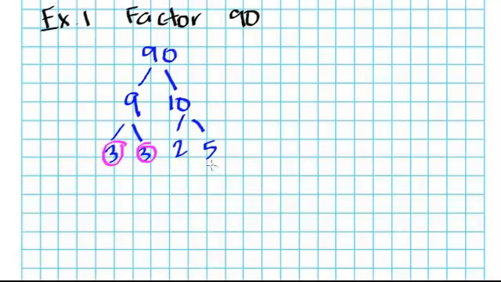Is there a number that will divide 5 other than itself? No, there isn't. So these numbers are also prime numbers, and we can't factor them anymore. So my factors of 90 are 2 times 3 times 3 times 5.